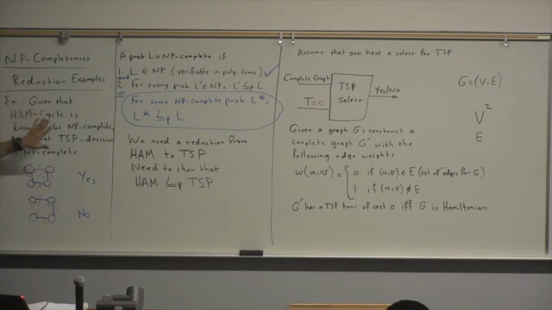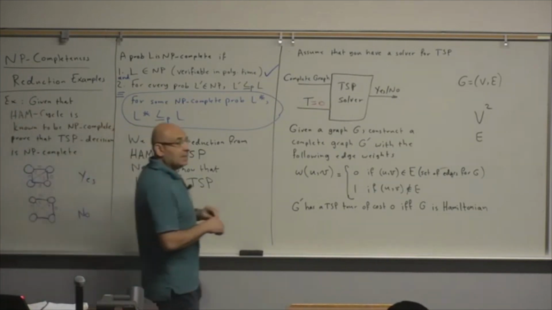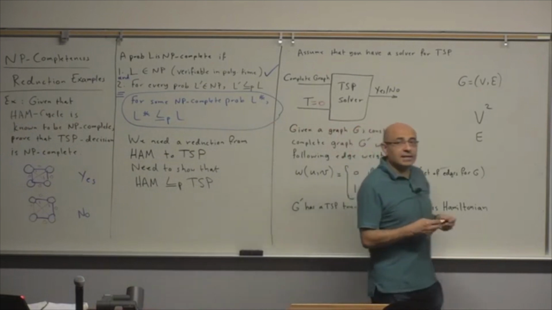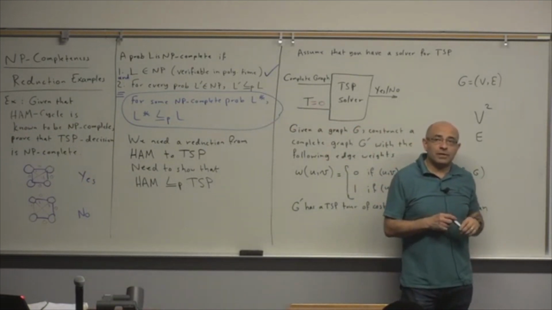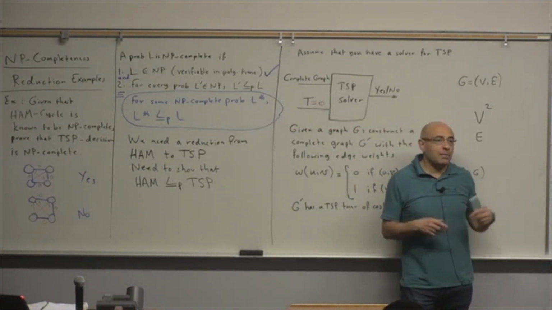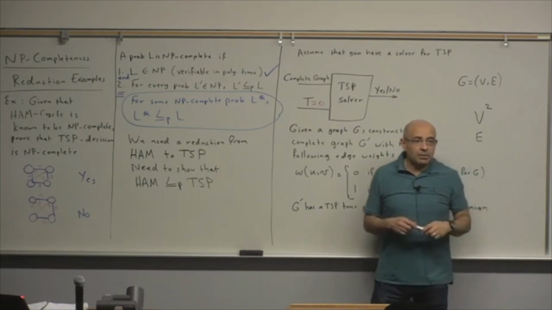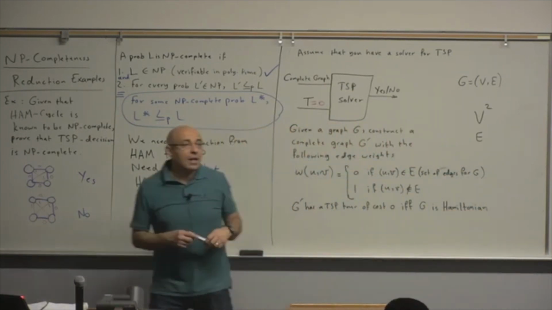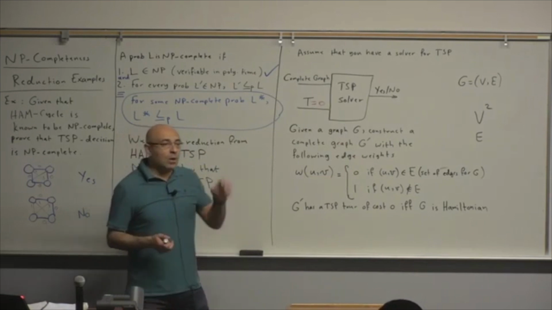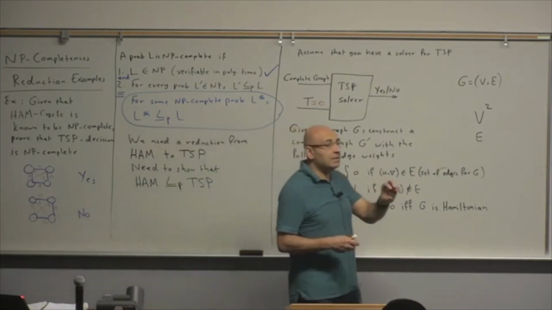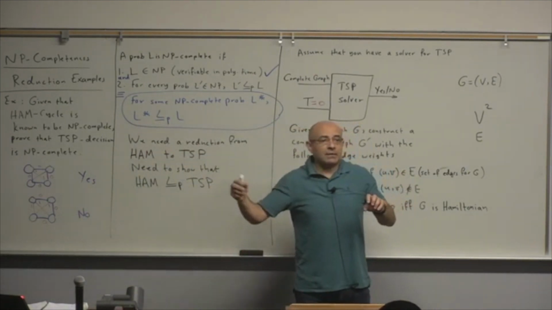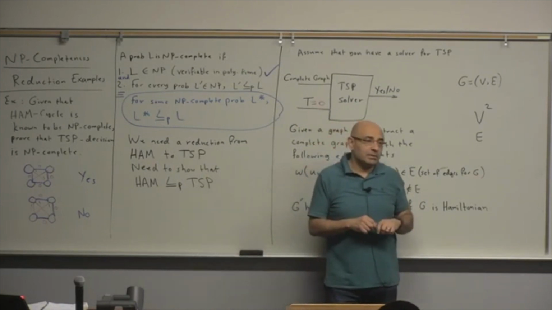We are using this to prove that TSP is NP-complete. This is just an exercise. We're not trying to prove a new problem to be NP-complete. Both problems are known to be NP-complete. But we are giving this example to show how you can prove one problem to be NP-complete given the fact that another problem is known to be NP-complete.